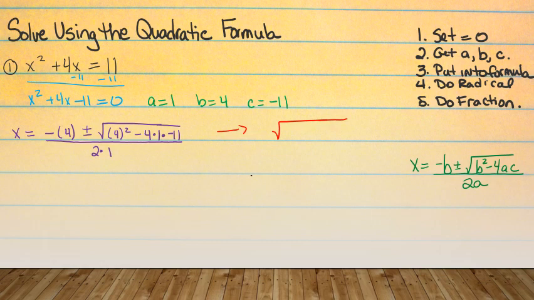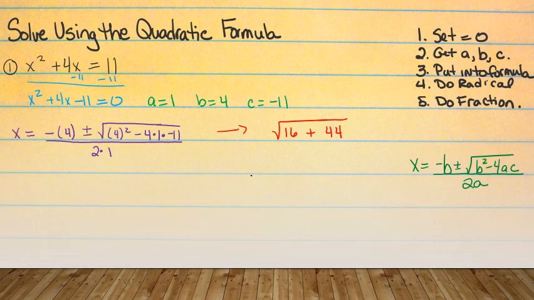Okay, so 4 squared is 16, and then I have minus negative 44, because when I do 4 times 1 times negative 11, I get minus negative 44, which is going to be plus 44.